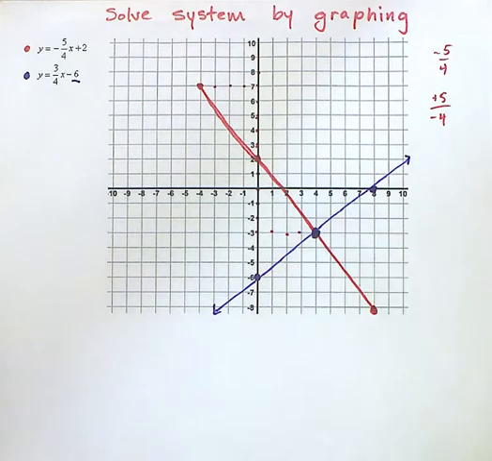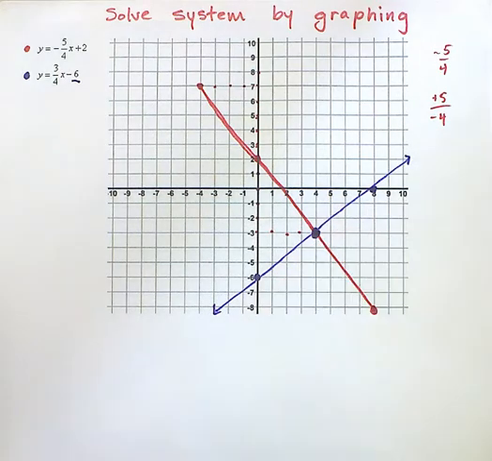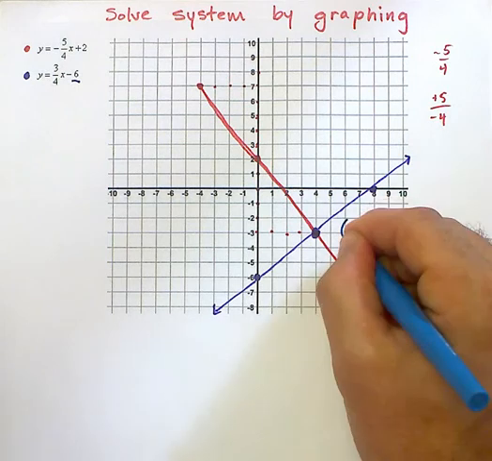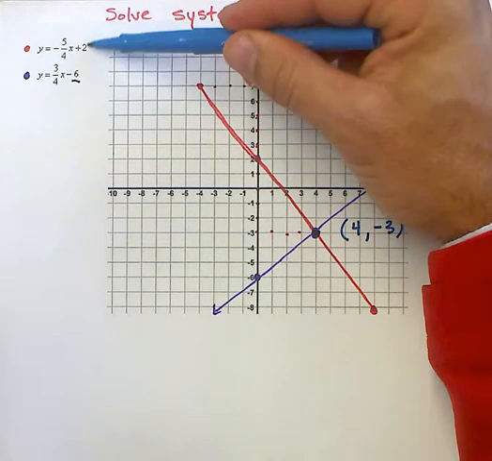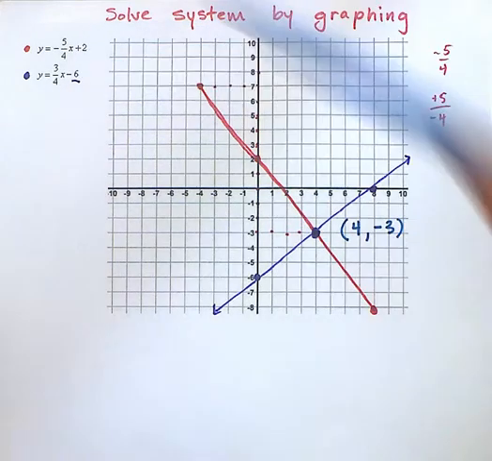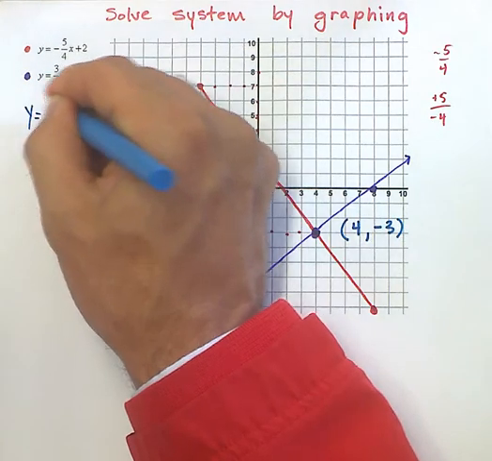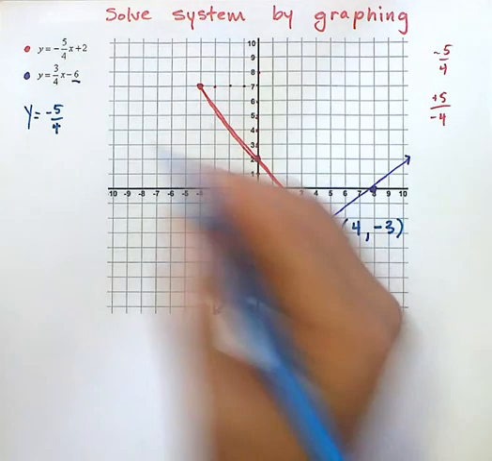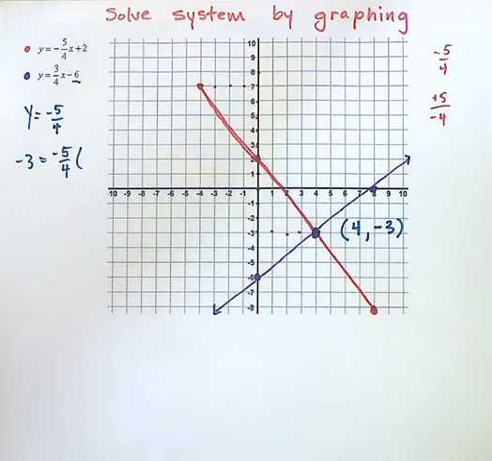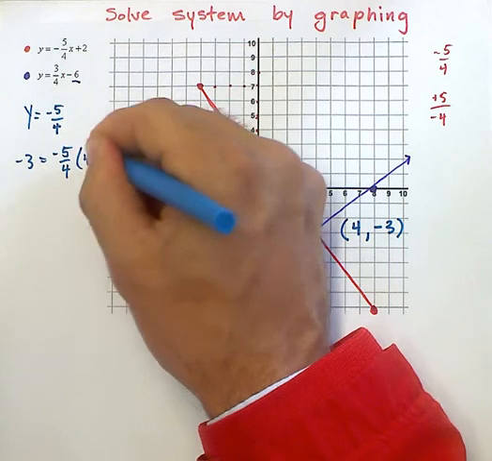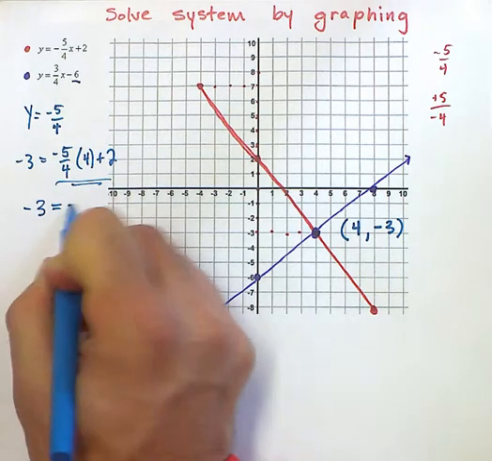Now what that's telling you is that at these two lines, there's a set of values, 4 and negative 3, which I can put into both equations. If I said negative 3 is equal to negative 5 over 4 times 4 plus 2, if I solve this side of the equation, you would get negative 3 is equal to negative 3.